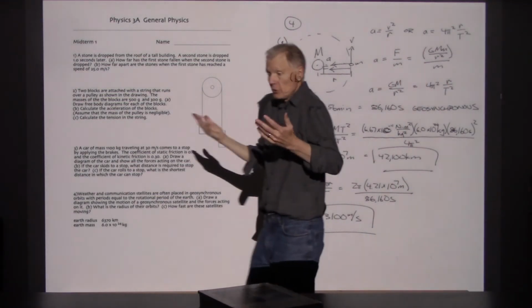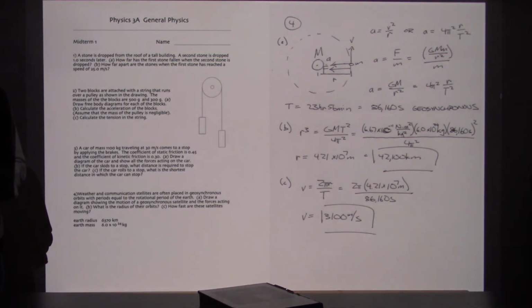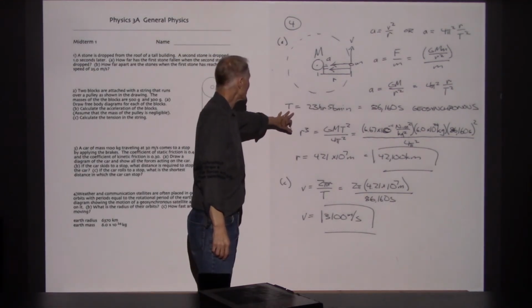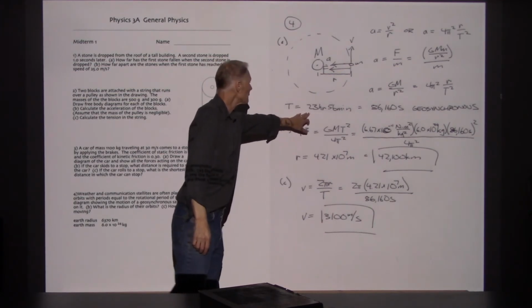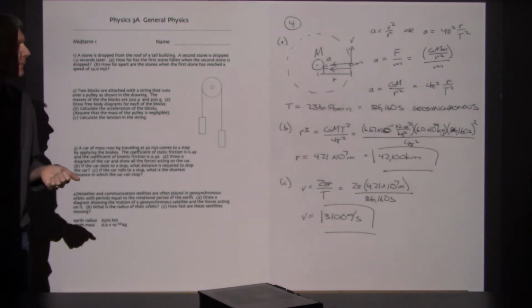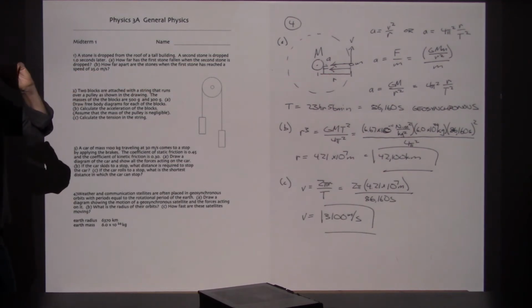And this problem seems like a perfect example of where we could work in terms of period instead of velocity. If you remember, we talked in class that the Earth's rotational period actually isn't 24 hours. It's almost exactly 23 hours and 56 minutes. So I'm going to go ahead and use that, 86,160 seconds.